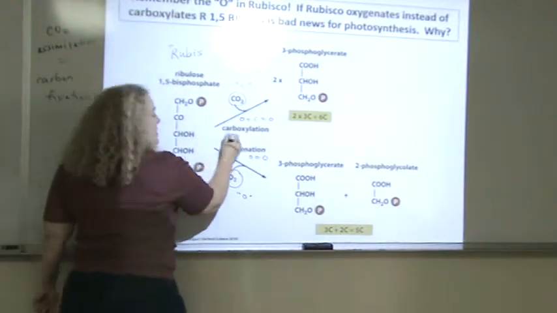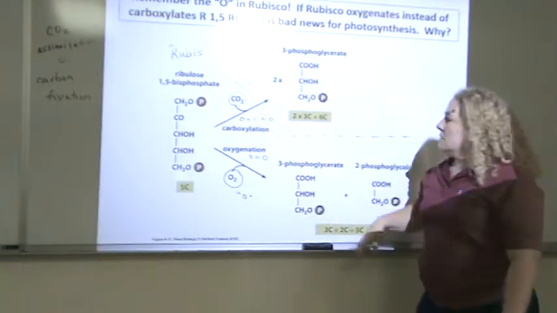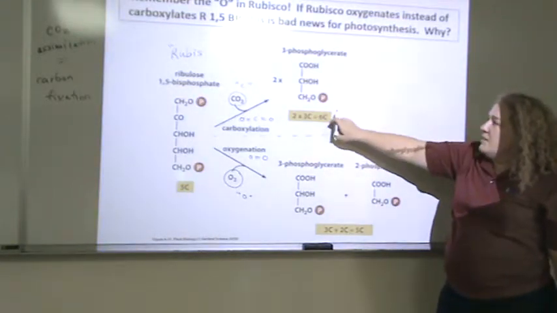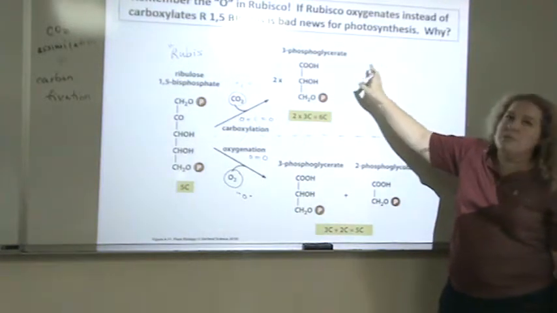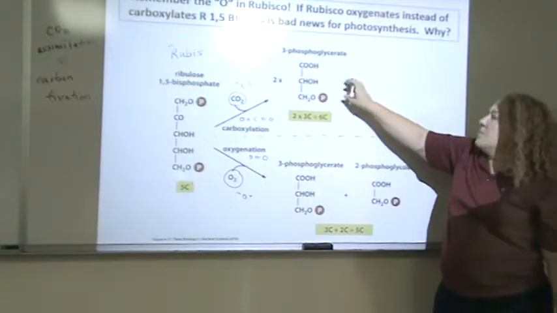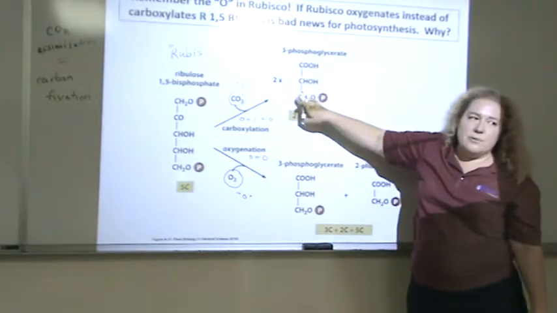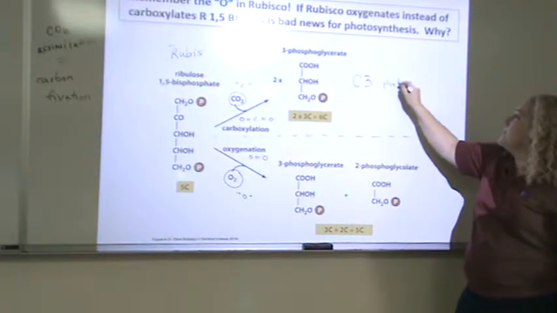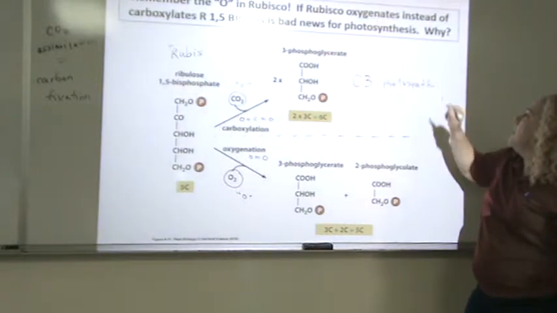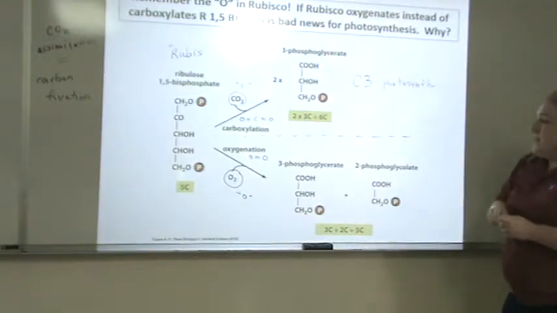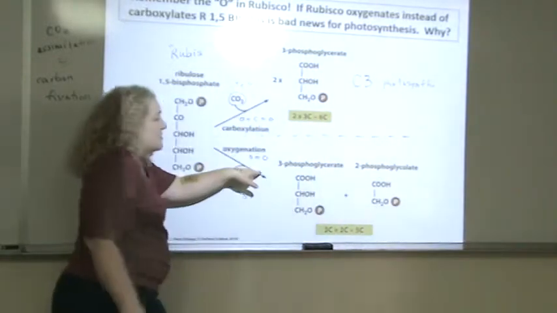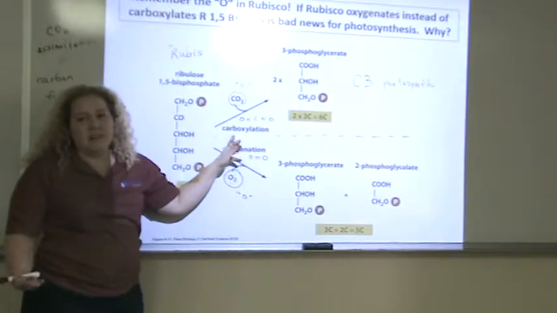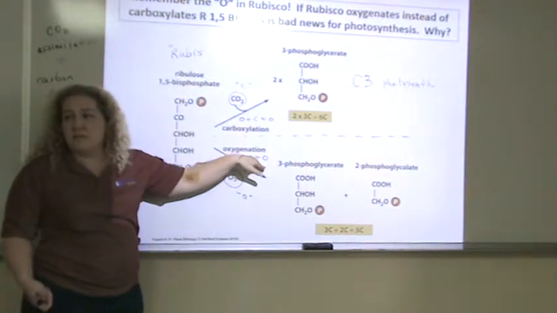So if Rubisco is fixing carbon, CO2, it makes a 6-carbon intermediate that immediately falls apart into two 3-carbon intermediates. And because this is the first prevalent form of fixed carbon, we call this C3 photosynthesis. If Rubisco fixes oxygen, there's no new carbon coming in here. This is like oxygen fixation, not carbon fixation.